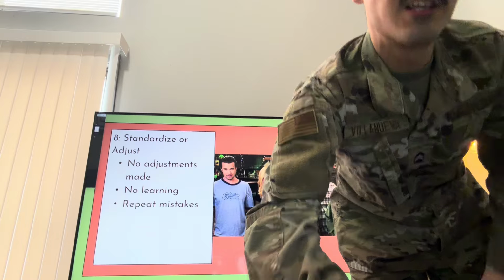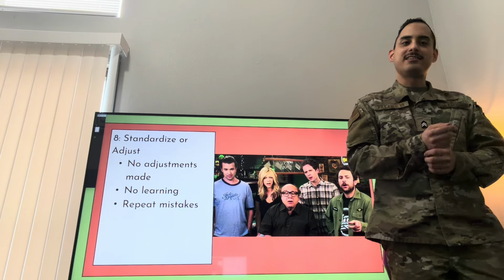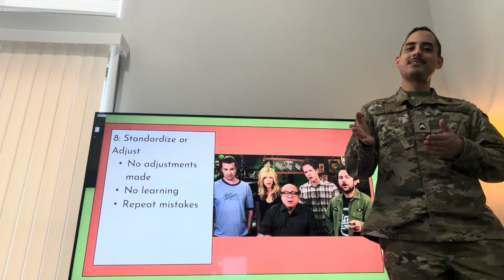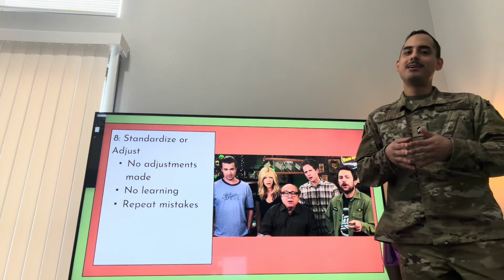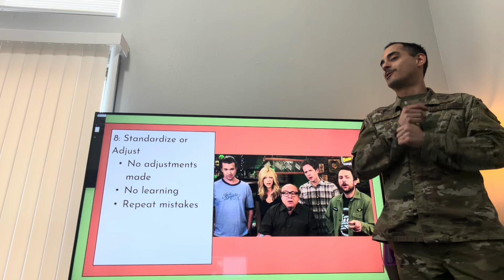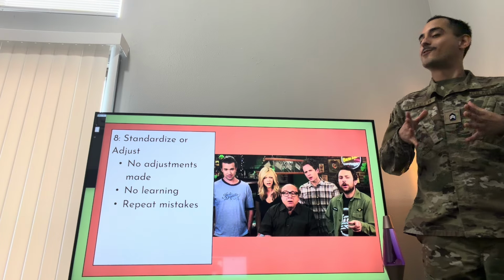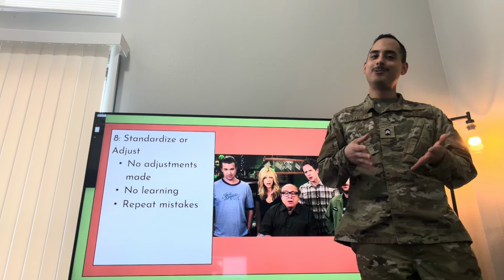So, for step 8 of the problem-solving method, this is the final step of the process, and this is normally where the gang would either learn from their process and figure out what adjustments they can make for next time as to why their plan failed.